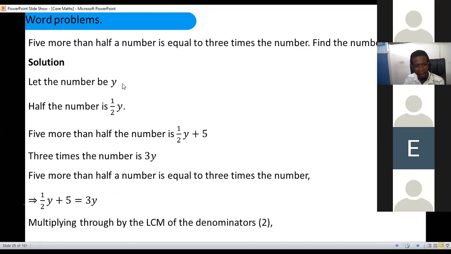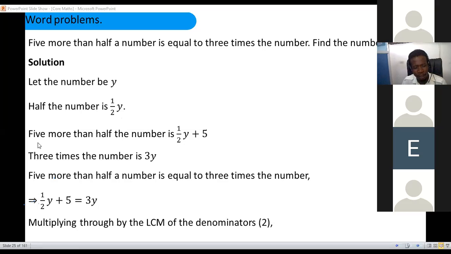That is, let the number be y. So when you let the number be y, half the number is 1 over 2y. So if half the number is 1 over 2y, we are going to have 5 more than half the number to be 1 over 2y plus 5.